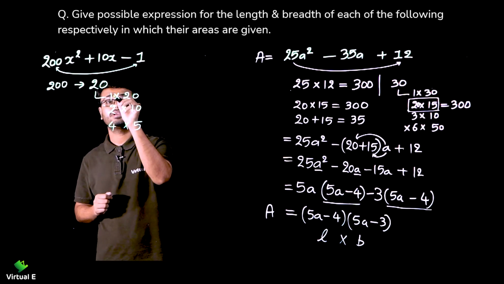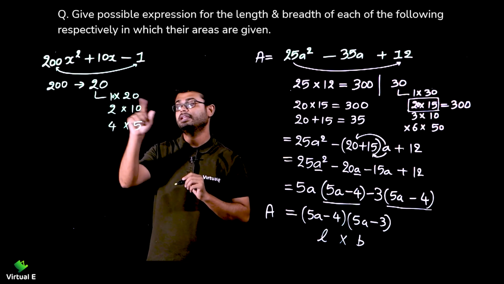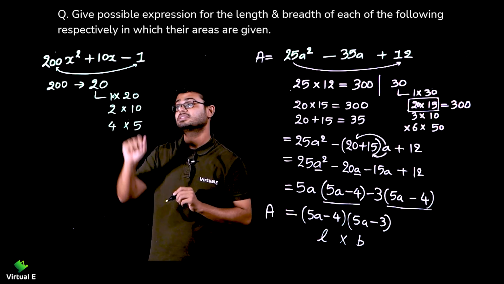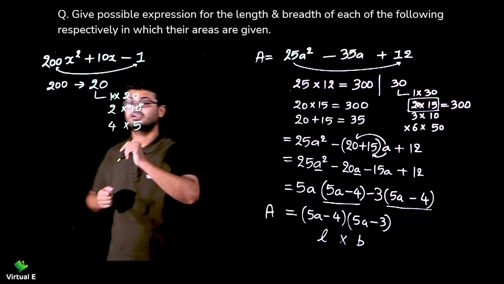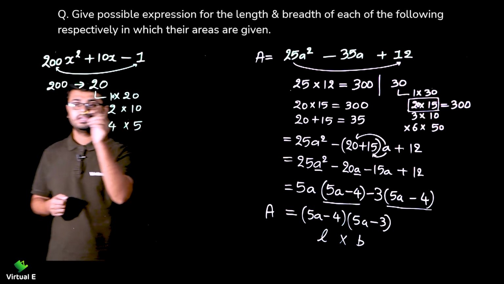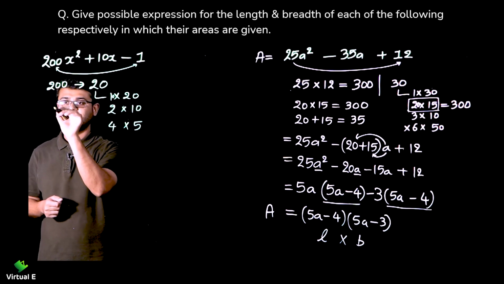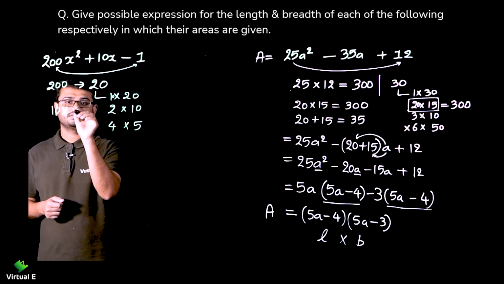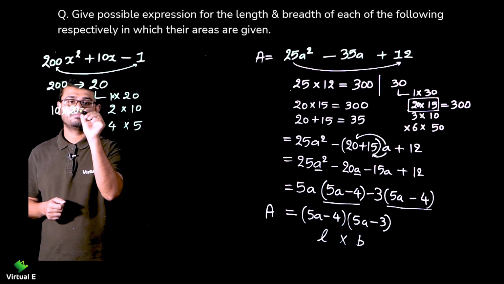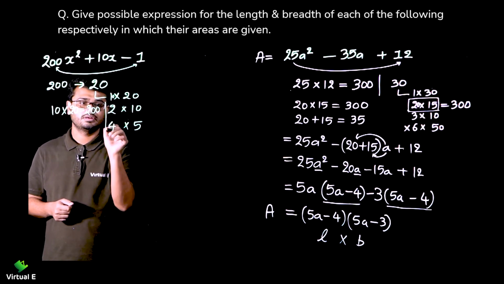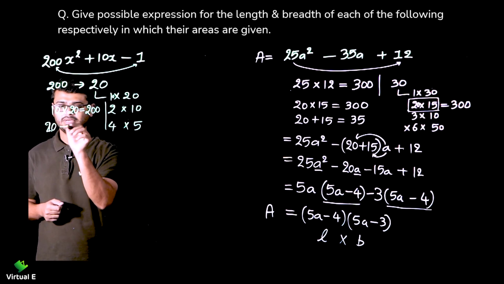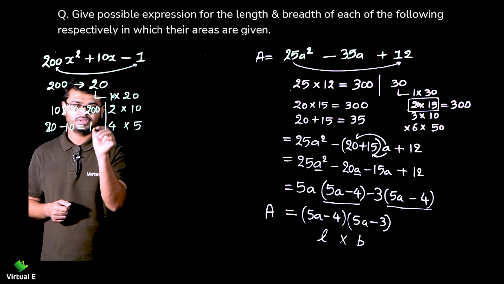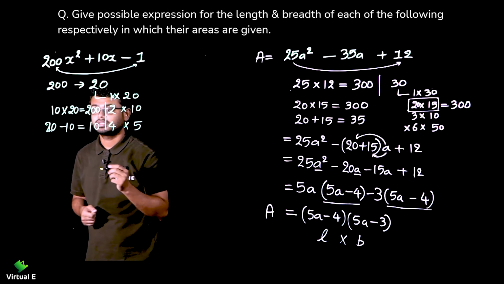So if we put over here 0, let's say 10, here 10 and 20, and if you subtract 20 minus 10, you are going to get what? 10. Very simple, right? So I think this will be our choice of factors, right? Let's cross verify that 10 into 20 will give you 200, and 20 minus 10 will give you 10 only. That's what we want, right?